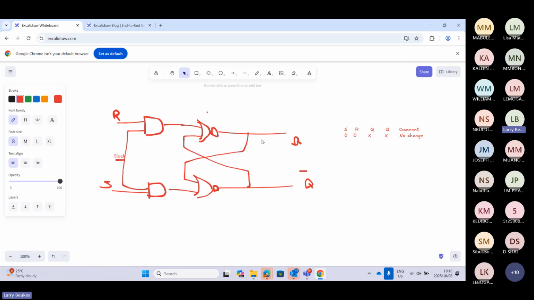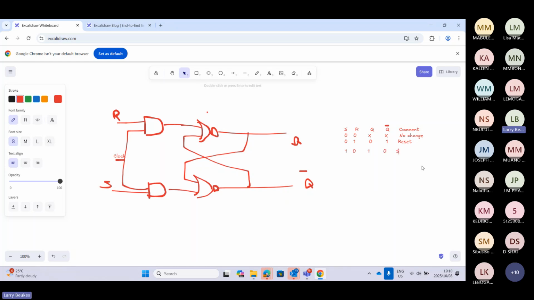That's what this means. So now when S is low and R is high, the Q will be off and the Q naught will be on. We call this state the reset. And then from here, we know if it's 1 and 0, Q will be 1, and then Q naught will be 0.